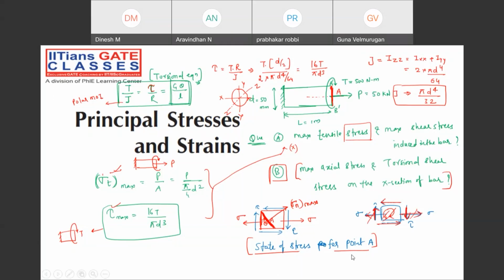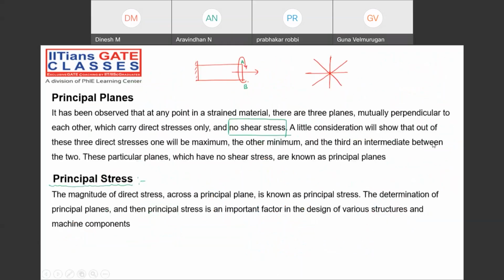How can you say? Again, it is carrying normal stress as well as shear stress because of the twisting moment. Then how can you say it's a principal plane? Perfect. It's a non-principal plane. Remember, no doubt, very, very important.